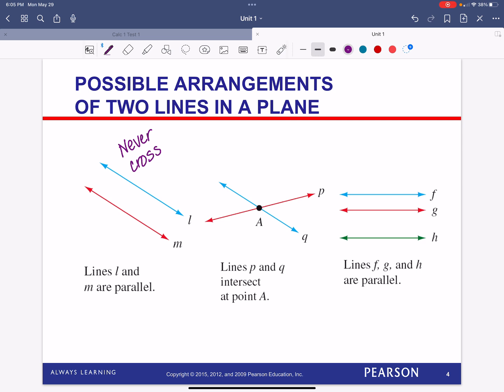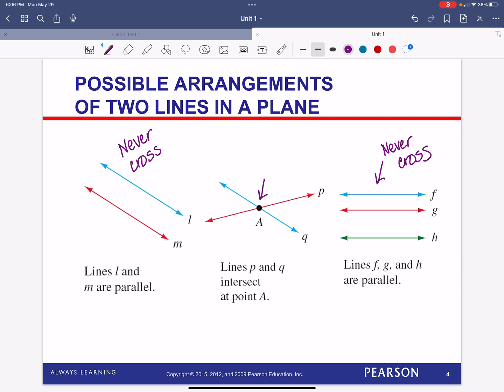And in this example right here, we've got lines that are intersecting, and this is the point that they are intersecting at, point A. Lines P and Q intersect at point A. And our third example is just 3 lines that are parallel to each other. F, G, and H are all parallel to each other. So these 3 lines right here never cross.